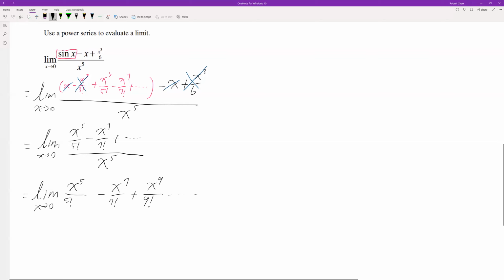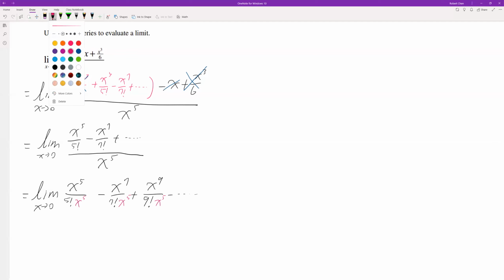And I'm going to put x to the fifth power in all the denominators, like that. All right, and let's see what we have. We can cross out the x to the fifth in the first term. And here I have x squared left. In the third term, I have x to the fourth left. All right, so really at the end, what we have is this.